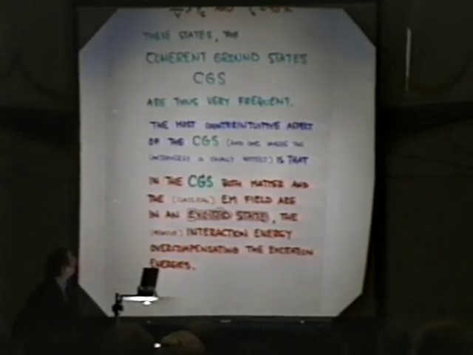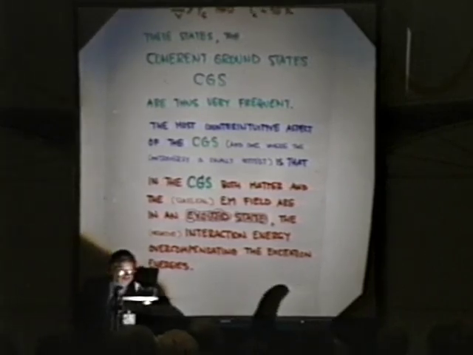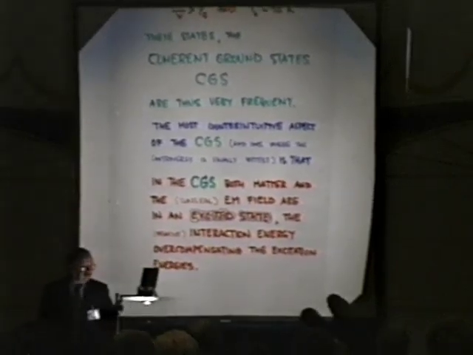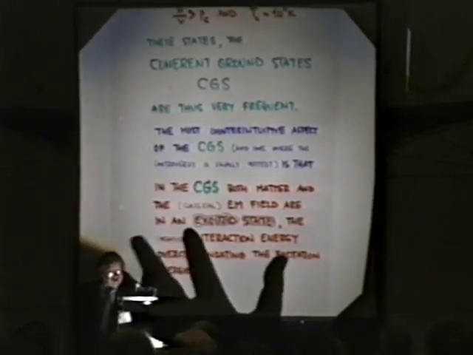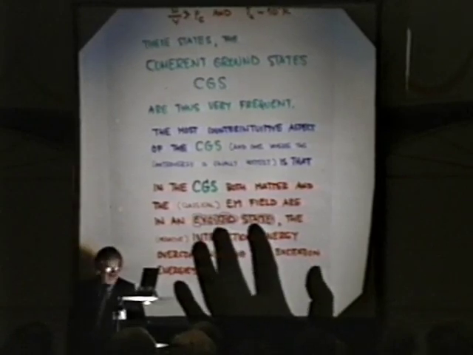Now, the most counterintuitive feature of the coherent ground state, and this is one of the problems which has cost me most of my credibility, I believe, because it's very counterintuitive, is that in the coherent ground state, both matter and the classical electromagnetic field are in an excited state.